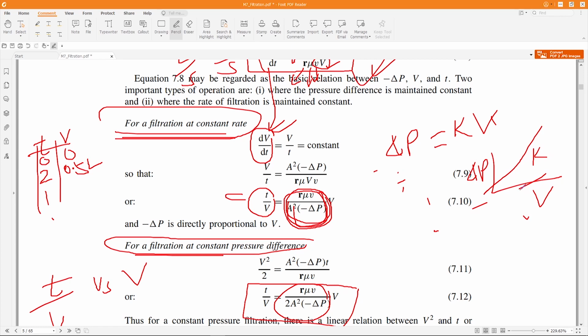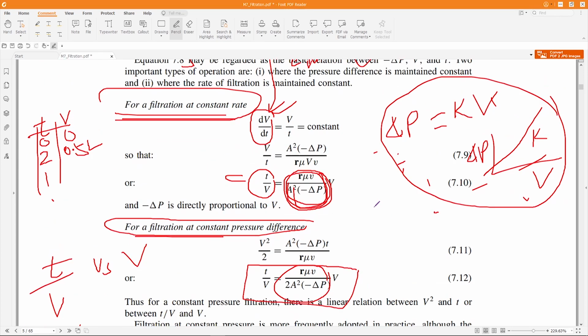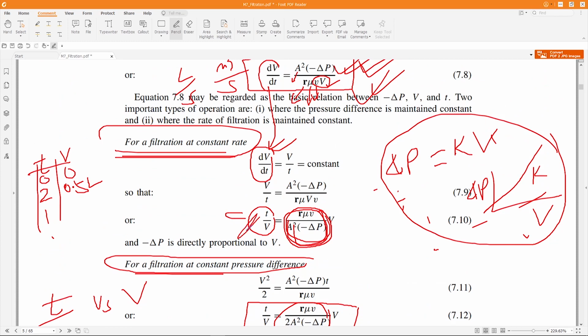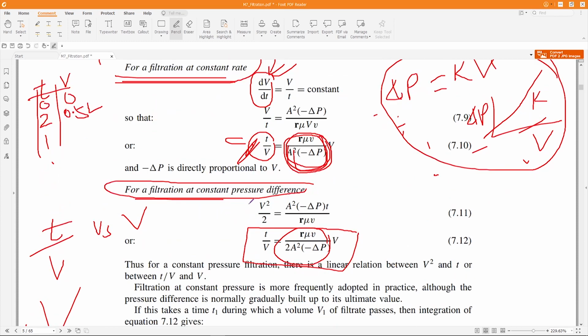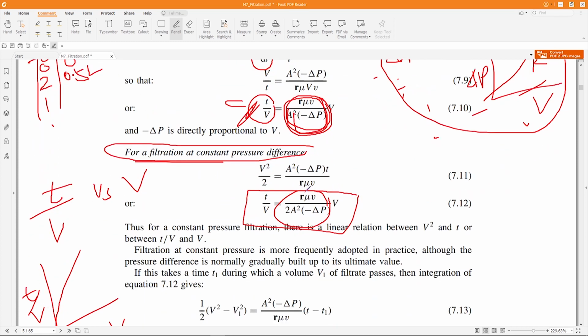This is actually constant rate filtration because pressure is changing, so this term is constant. But for constant pressure filtration, delta P is constant, so this whole term will be constant. Only this will change, so it has been rearranged into this.